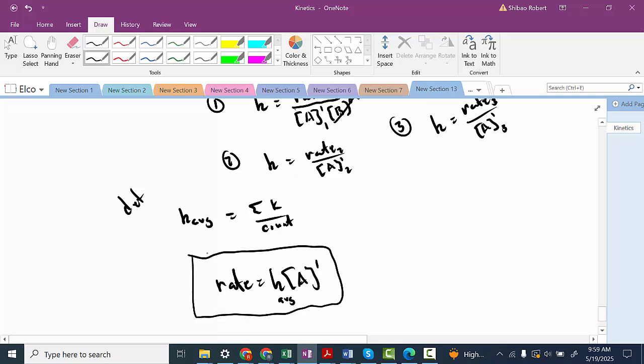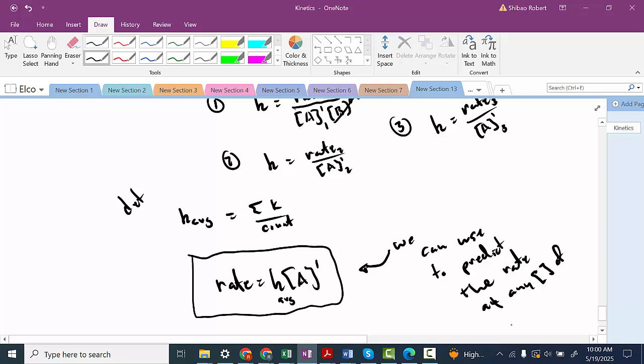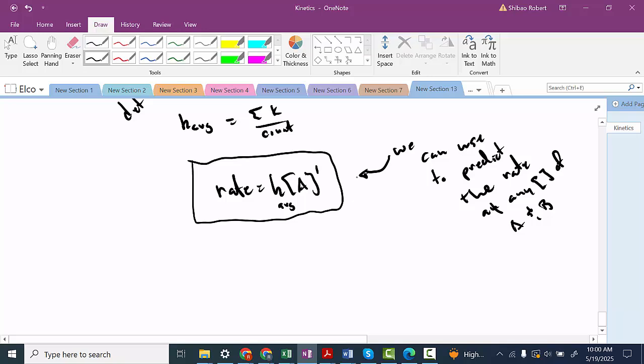Now what we can do with the complete rate law is we can use it to predict the rate at any concentration of A and B. And so the rate law is just to determine, how fast is it going to be reacting.